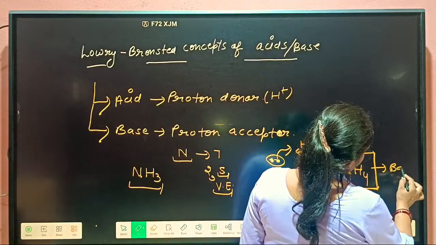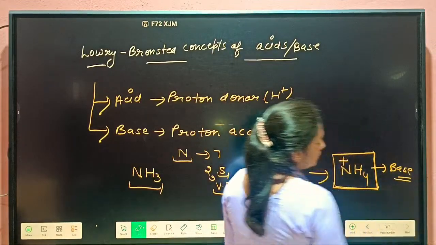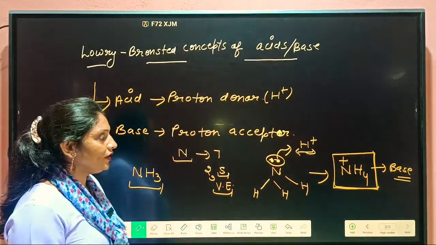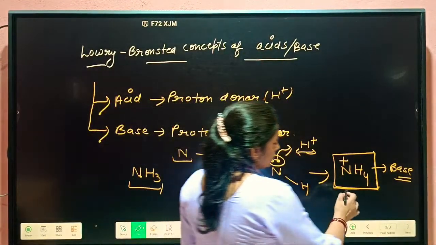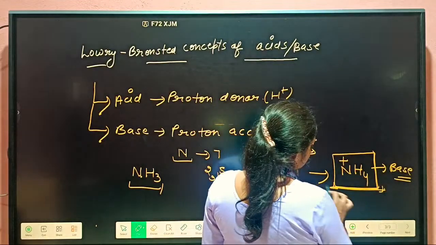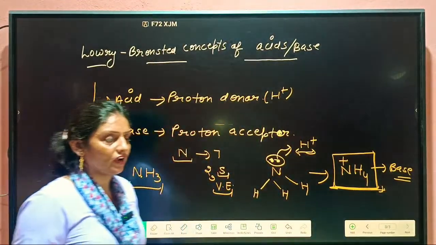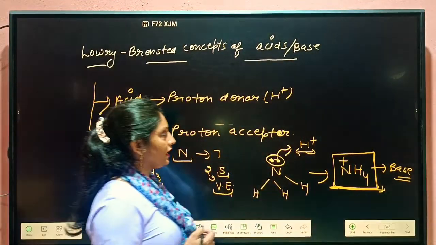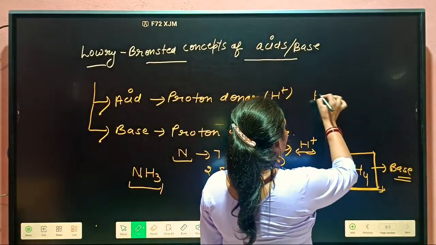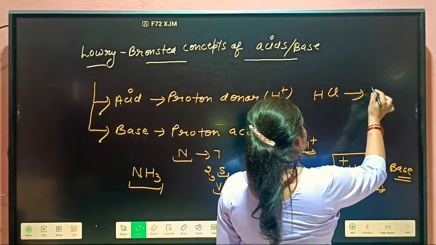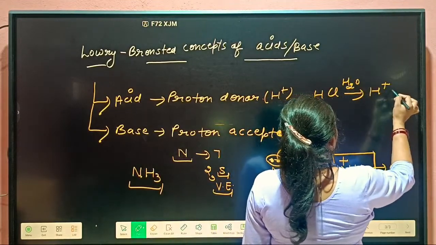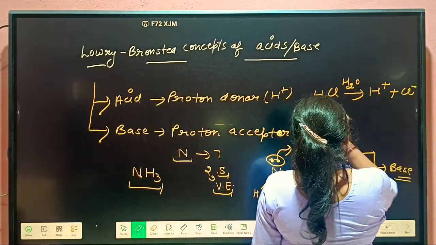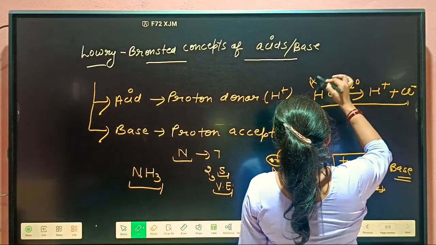Clear or not, students? Substances which have the tendency to accept H positive ions are known as bases, and which have the tendency to lose H positive ions in aqueous solution are known as acids.